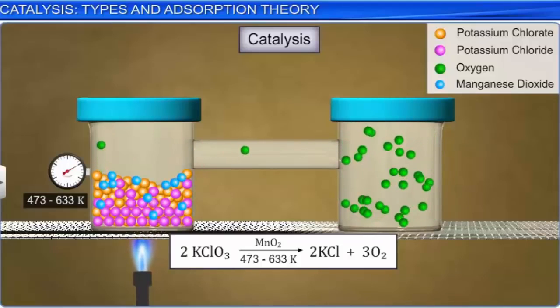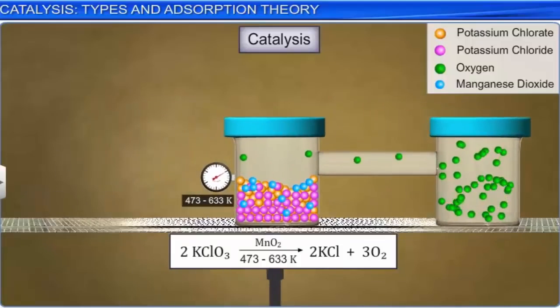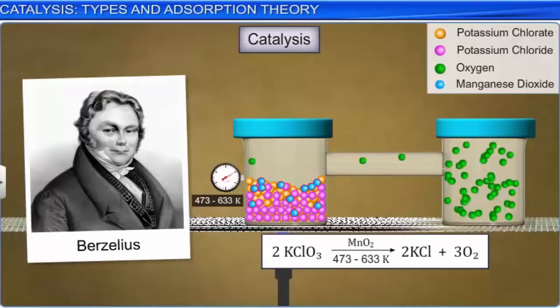The presence or addition of a foreign substance alters the rate of many chemical reactions. In 1835, Berzelius recognized these foreign substances as a new chemical force and called them catalysts.